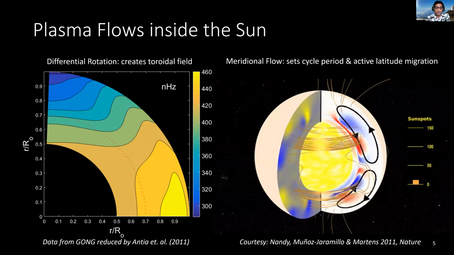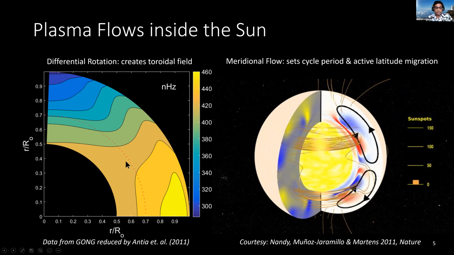One of the other observational constraints we have is differential rotation inside the sun. The sun is a big hot ball of plasma that does not rotate exactly like a rigid body. It rotates differentially.